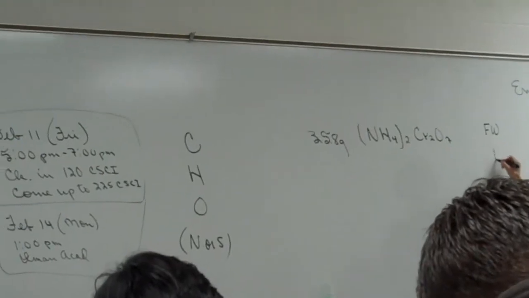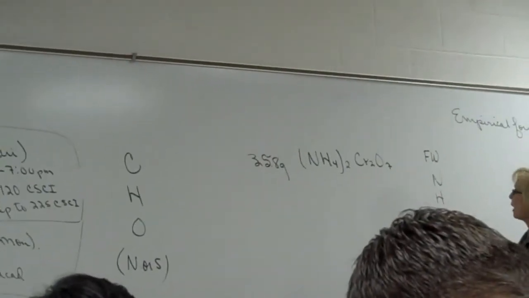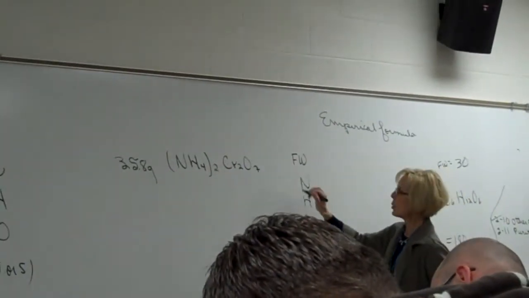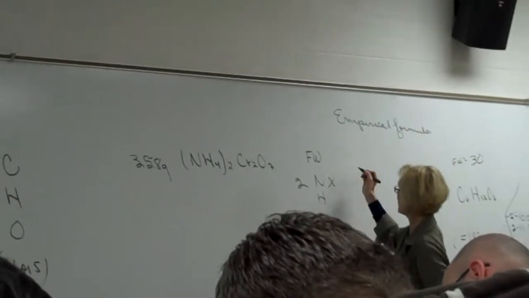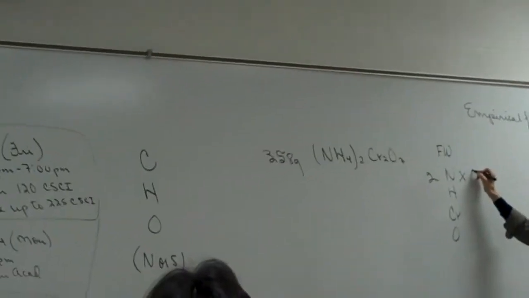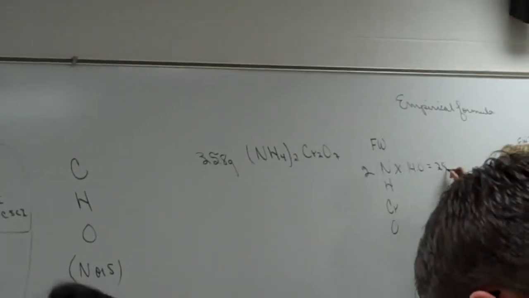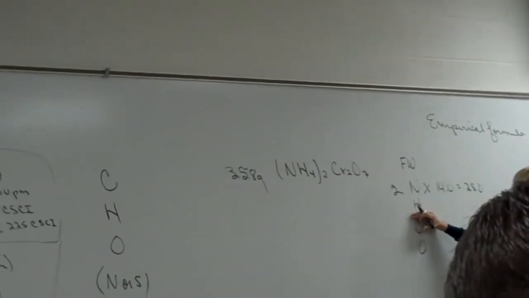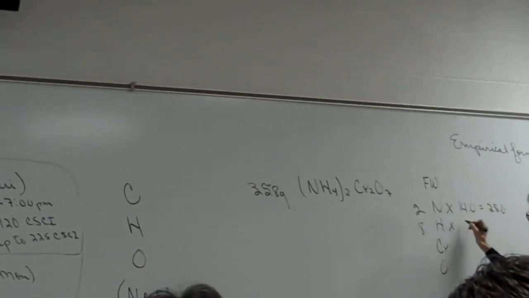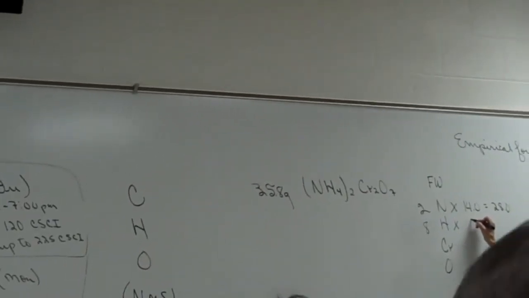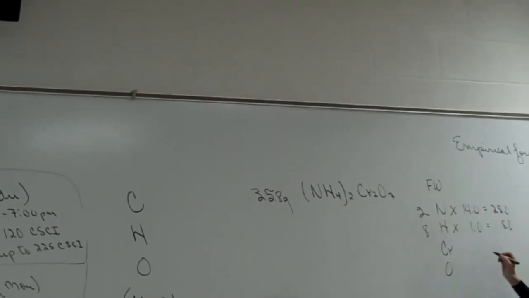And in this compound, I see nitrogen, hydrogen, chromium, and oxygen. Okay, Tran, how many nitrogens do I have? 2. And what contribution does it make? 14.0 for a total of 28. Our hydrogens, Marco, how many? 8. 8, and they make a contribution of 1.0, so they give us a total of 8.